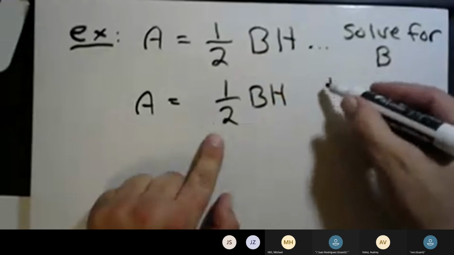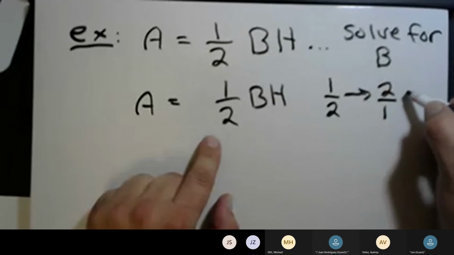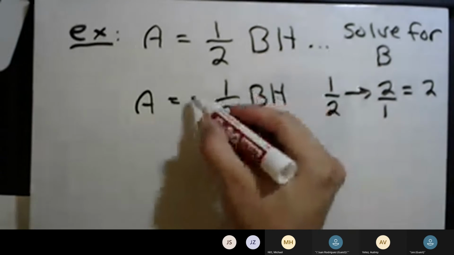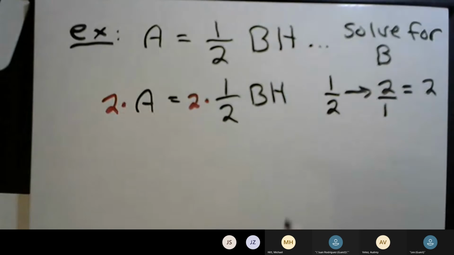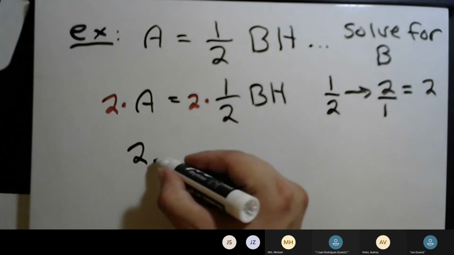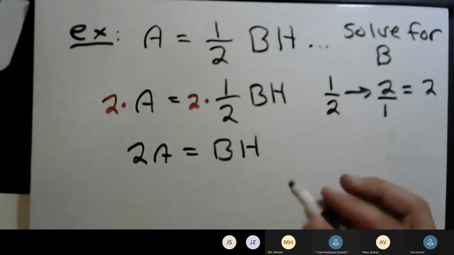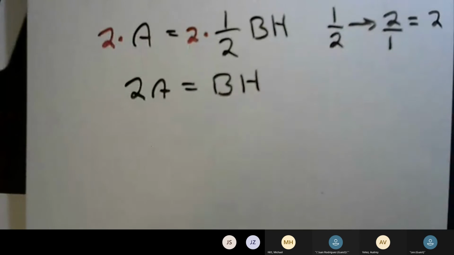The reciprocal of 1/2 is 2/1, or 2. So if I multiply both sides by 2, this will cancel. We'll have 2a equals b times h.